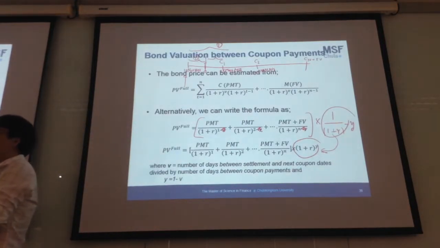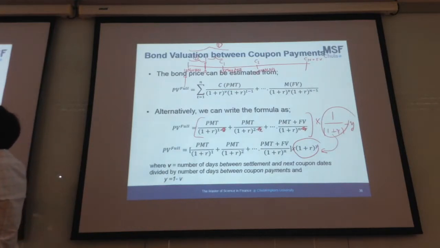One thing that I should warn you. Sometimes some students get confused between this formula in the bracket and this formula. Some students misunderstood that this equation is for the flat price. No, not at all. This is not the flat price. You have to come up with the flat price.